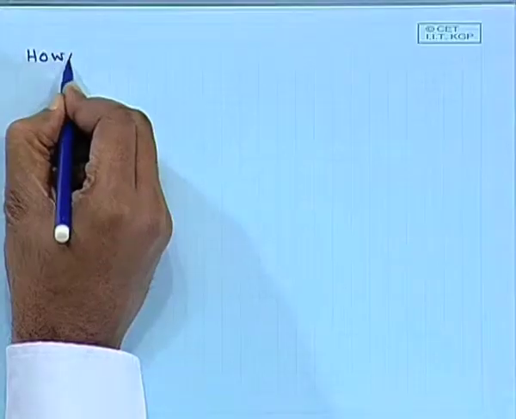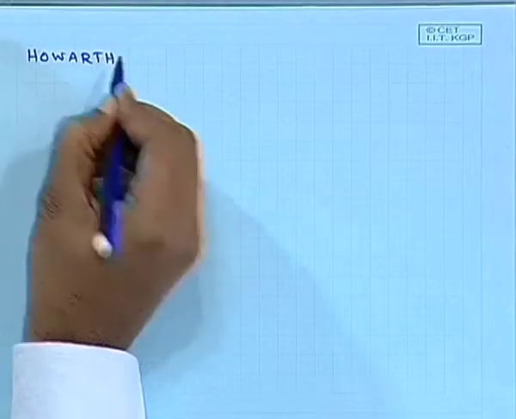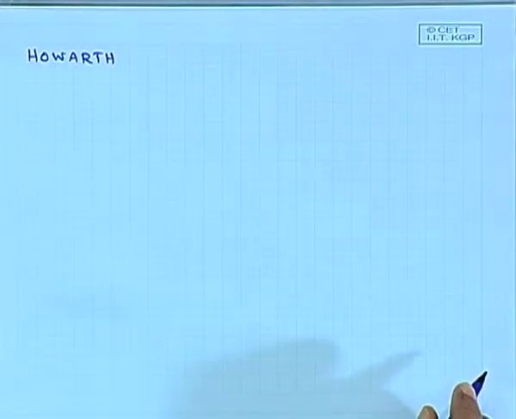So, now what we are going to do is take a shortcut. We are not going to go into the detailed solution of this equation. In the 1950s or so, with a digital computer, someone solved this equation numerically, and the use of the numerical results by someone called Howarth is much better than trying to do the analysis that Blasius has used.